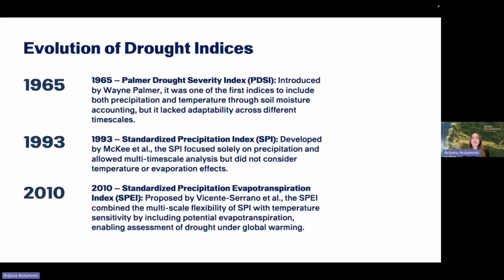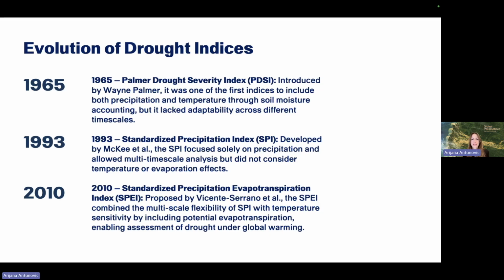So before we go into our water balance index, I did want to touch briefly on the evolution of drought indices through history. As we know, it started usually with temperature or rainfall only. The first index ever, in 1965, was the Palmer Drought Severity Index. And this did focus on both the temperature and the rainfall.